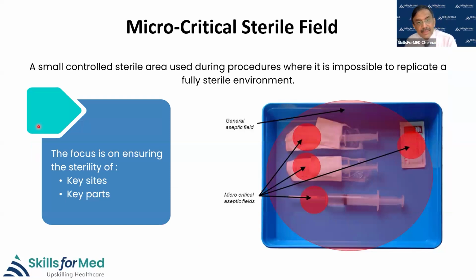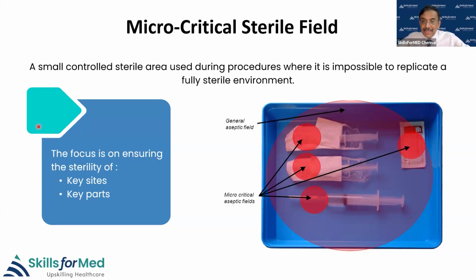Now let's look at these. What is a micro critical sterile field? This is a small controlled sterile area, used where it is impossible to replicate a fully sterile field. If I use the same things in theater, the nurse will open the wrapper and drop the syringes into the large sterile field, which is the sterile trolley she has.